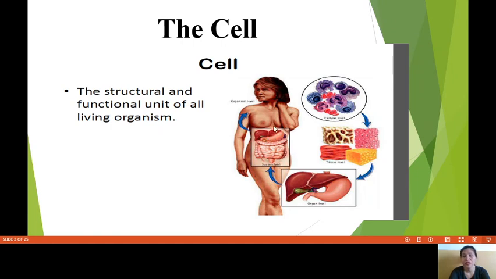Later on, you will learn that in your S2. But just to give you an idea, the digestive system has the function of taking in food, meaning eating food, and at the same time digesting or breaking it down, making it smaller so the body can absorb it. So this is your digestive system.